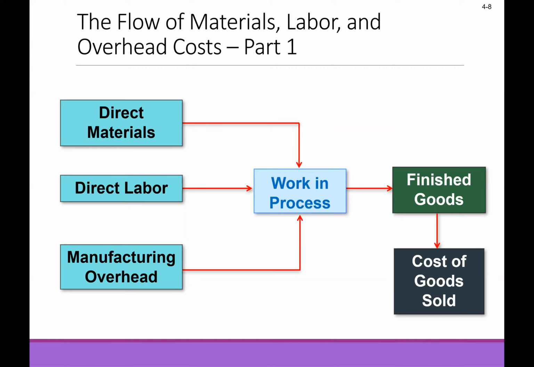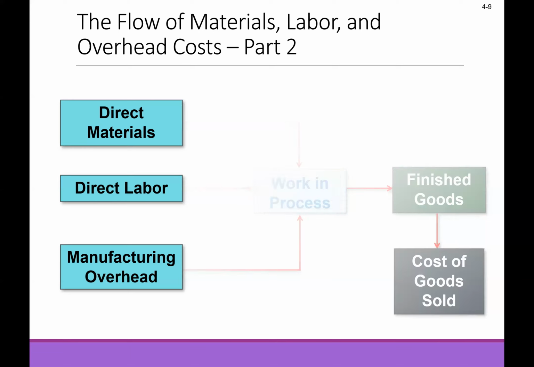It flows into work in process until the product is completed, which then it moves out of work in process and flows into finished goods. When it is sold, it is removed from the inventory finished goods into cost of goods sold.